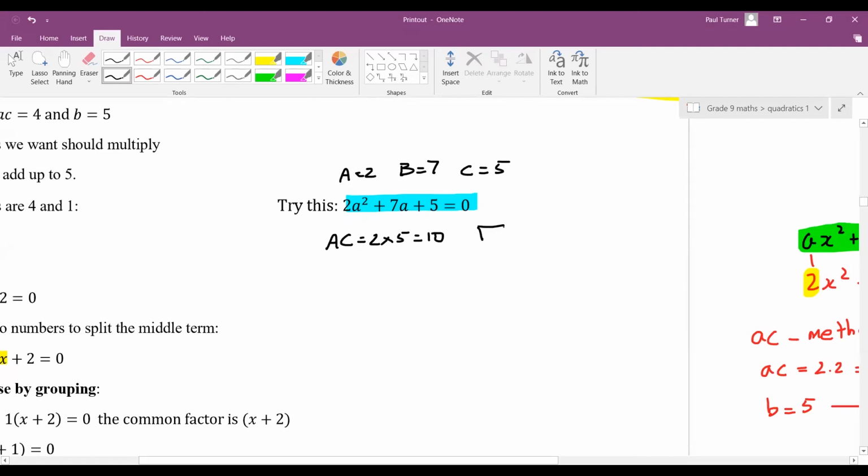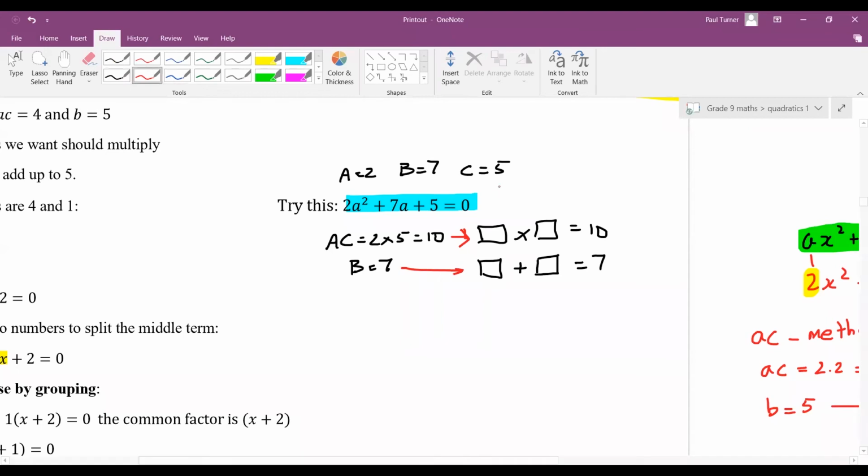So the two numbers I'm looking for multiplied to be 10. That's our first line. And then B is 7. So the two numbers I want, I add them and I'll get 7, like that. So this one leads to this, and this one leads to that, like that. So now we need to guess our two numbers.